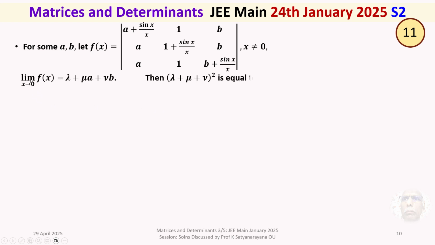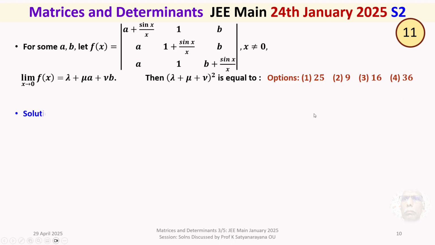It is given that the limit as x tends to 0 of f(x) is lambda plus mu a plus nu b. When you expand this determinant, you will get a function of x, and take the limit as x tends to 0 of that function. Then what is the value of (lambda plus mu) whole square? We are given 4 options.